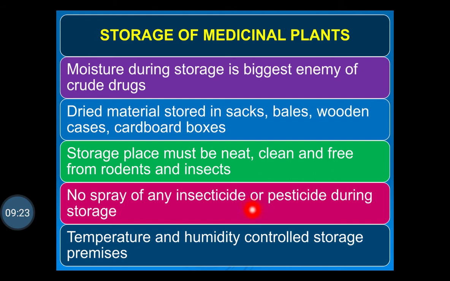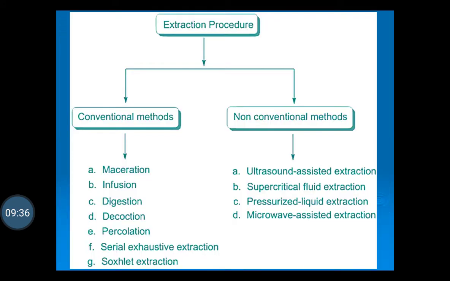Then the temperature and humidity should be controlled in the store premises. All these factors should be considered, otherwise it will cause a decrease in the quality of the crude drug.